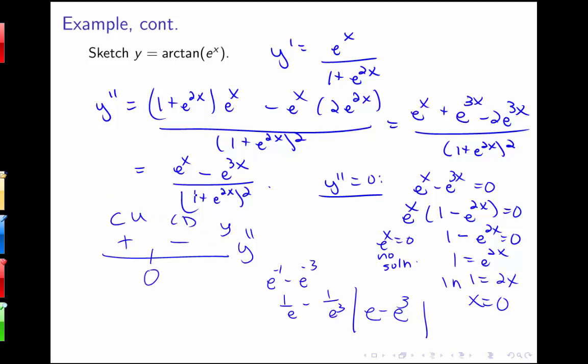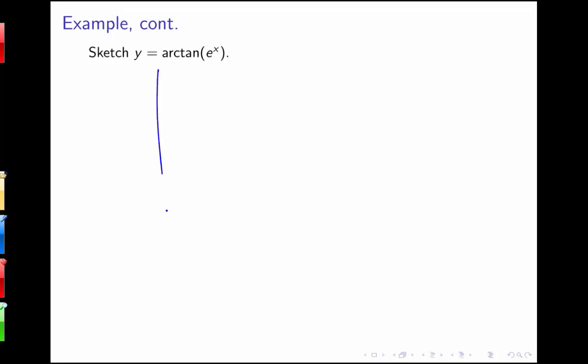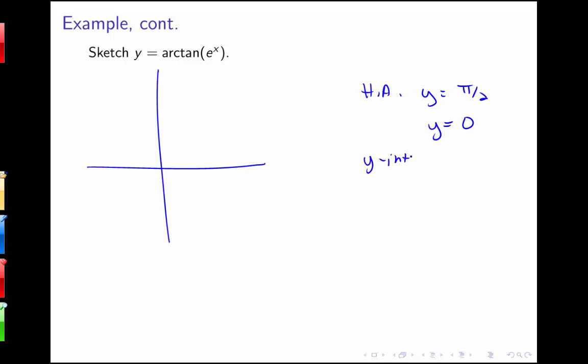Okay, so we need to put this together into a sketch for our graph. So what was some of the key information? Well, we had horizontal asymptotes at y equals pi halves and y equals 0. We had a y-intercept at 0 comma pi fourths.